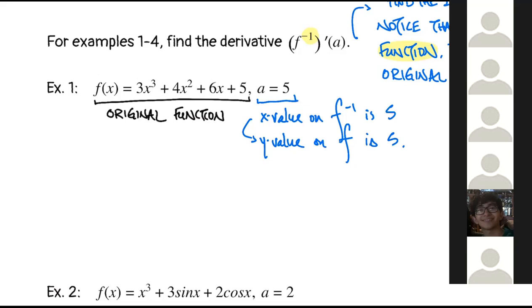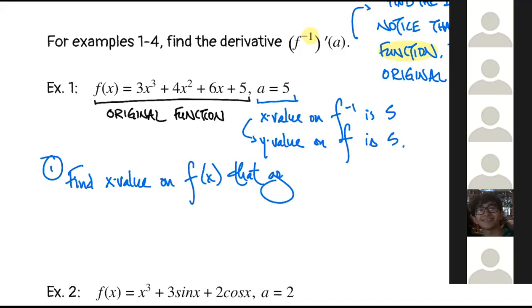So we're going to start by saying this. We are going to find the x value on f of x that goes with a equals 5.